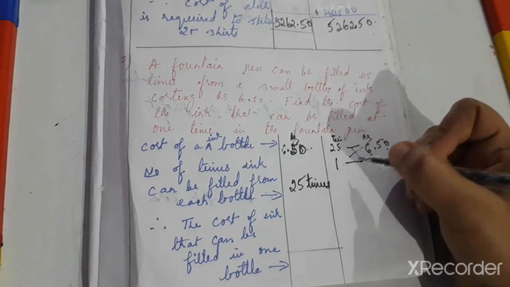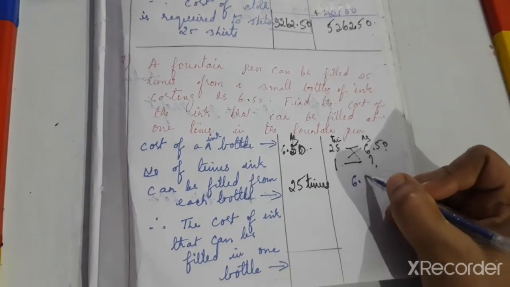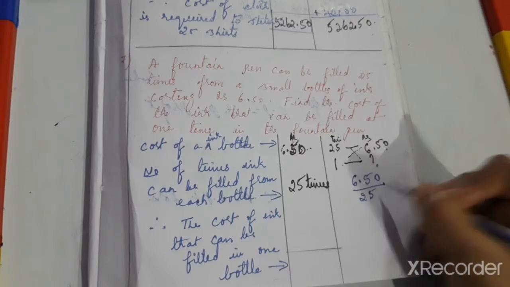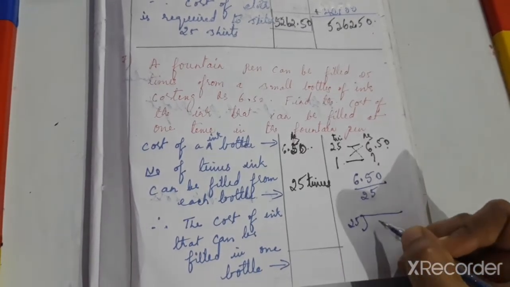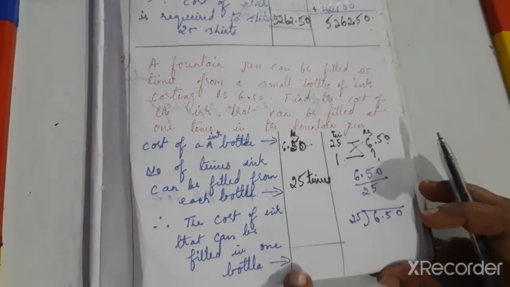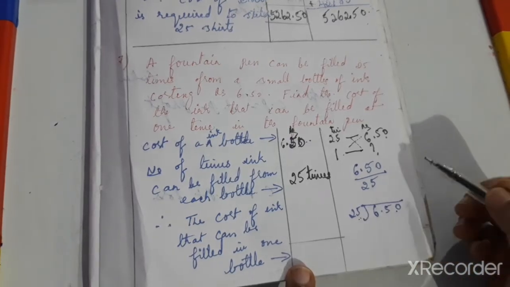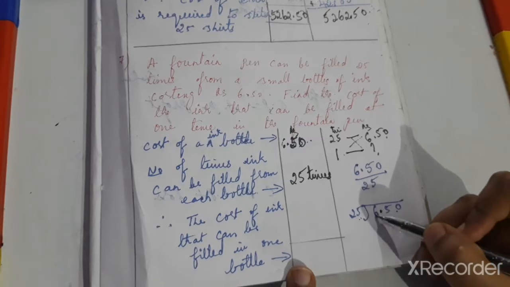Cross multiplication means 1 into 650. 1 into 650 is 6.50 only, divided by 25. So division: 25 into 6.50. Here this is a decimal number and this is just a number. 25, how much is your decimal point? 6 is less than 1. 25 ones are 25.